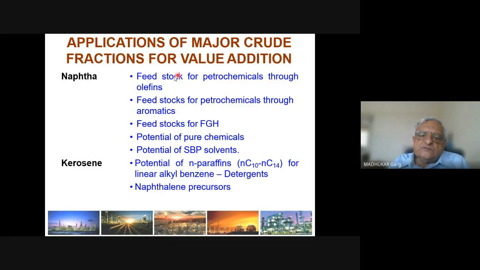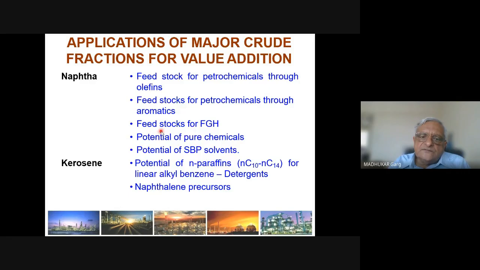This slide is just to give you a perspective as to what major petrochemicals we manufacture from which stream. So far, I've only discussed fuel, but this talks about petrochemicals. Naphtha is the starting feedstock. Naphtha again is the boiling material from 65 to 210, so in that range.